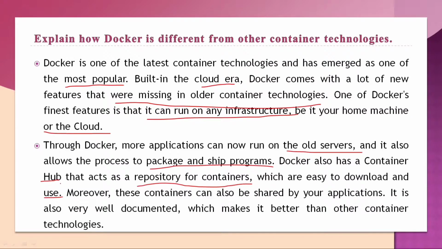You can download an image and create a container of that image very easily. Moreover, these containers can also be shared. It is also very well documented. Docker is a more mature concept and various documentation is available, which makes it better than other container technologies.